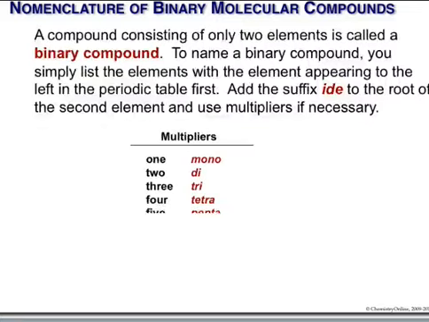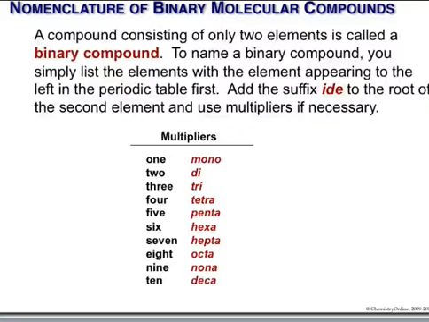We did ionics. Let's do molecular. Remember, molecular compounds have covalent bonds, don't they? Ionic compounds must contain a metal or ammonium.